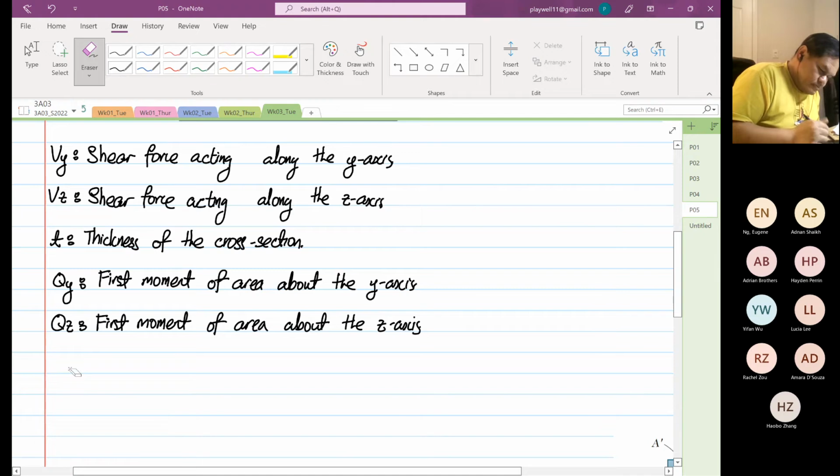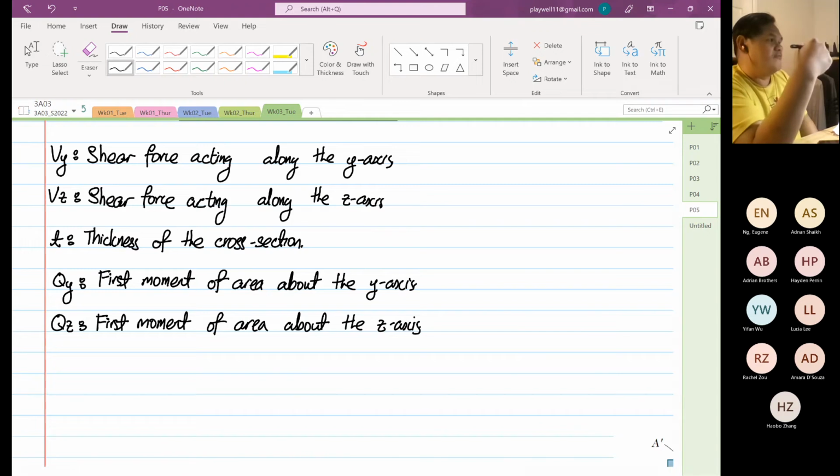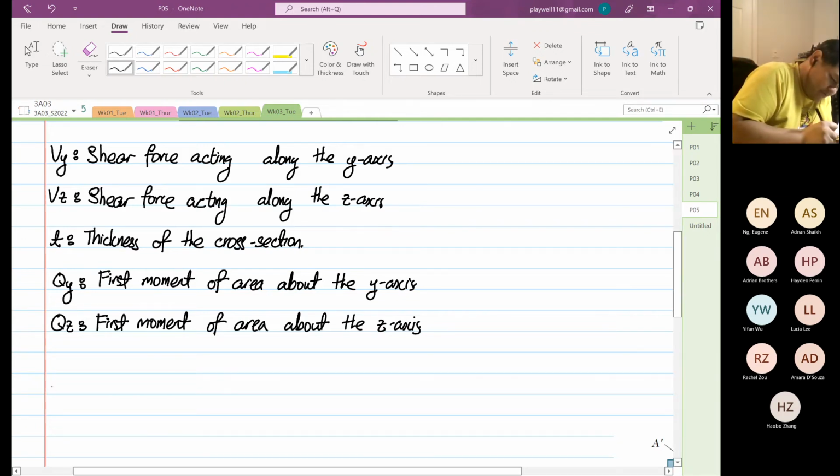Because later on when we do compound loading, this is critical. If you take the first moment of area wrongly, you are going to face a lot of trouble. So what is Qy and Qz?